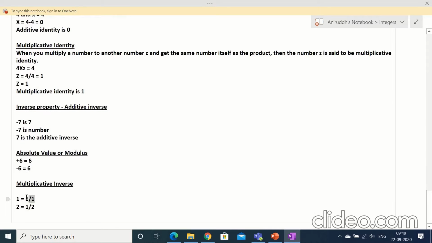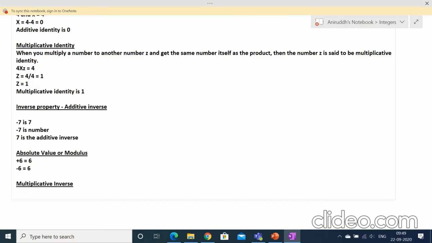Today I will discuss that. So, what is multiplicative inverse? Before that, multiplicative inverse has another name called reciprocal. If you remember well, in the chapter on fractions, I have discussed reciprocal. Anyway, we'll discuss it again.